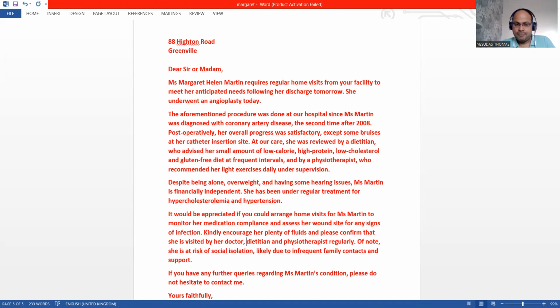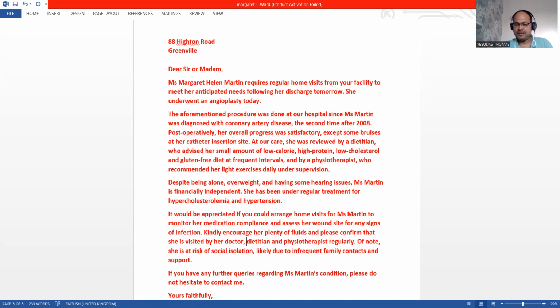So, of note, she is at risk of social isolation, likely due to infrequent family contacts and support. We don't need to mention what the reason is: infrequent family contacts and support. But that may be a solution for the social isolation, or a measure to prevent such social isolation, the district nurse or the community nurse can make it as a measure to solve the issue.